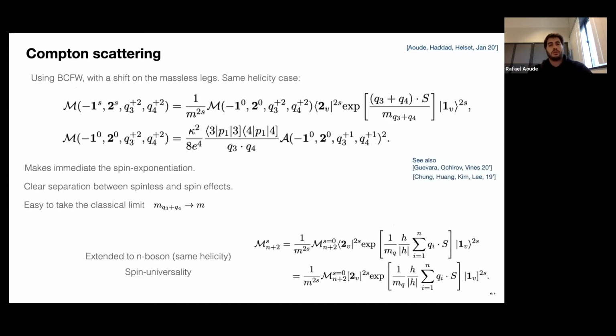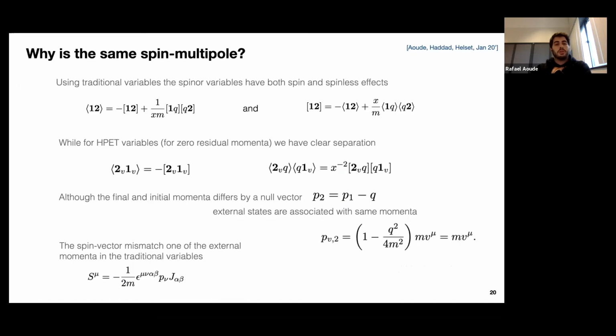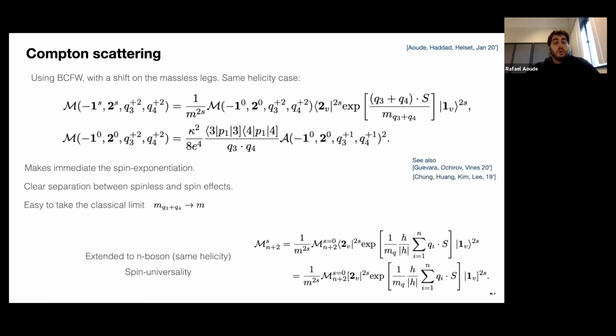Okay, so given the three-point amplitudes that we obtained, we can go on and calculate higher point amplitudes. In the paper we calculated a boson exchange, the channel diagram that we had before. But here I want to show the Compton scattering.